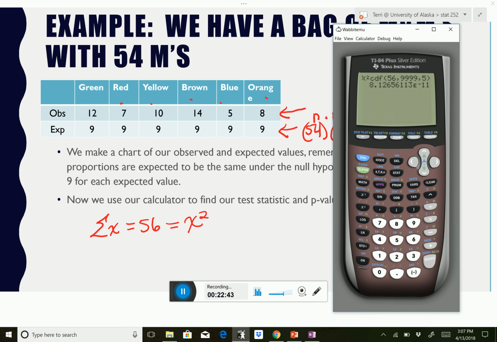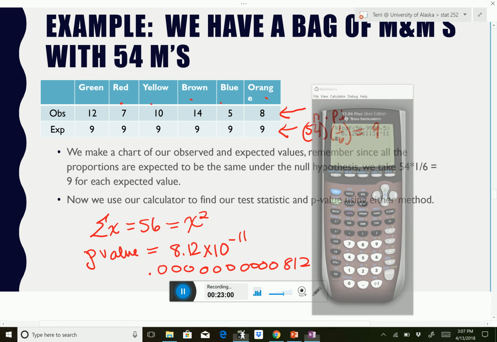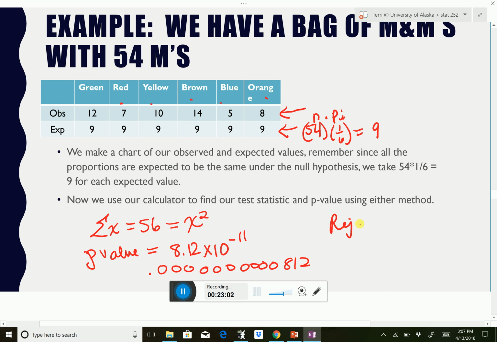And I get, ooh, that's a very small p-value. Okay, so my p-value is 8.12 times 10 to the negative 11th. Ooh, that's a tiny p-value. So we would definitely reject the null.